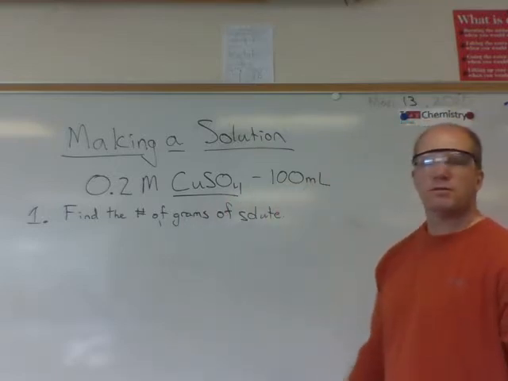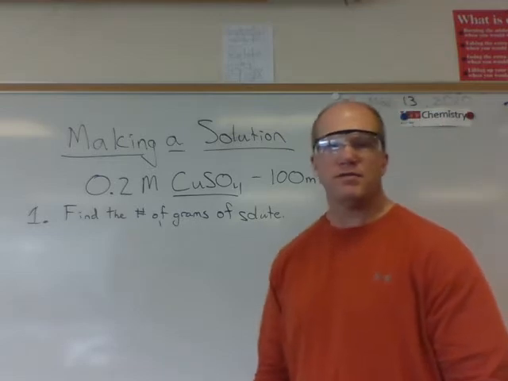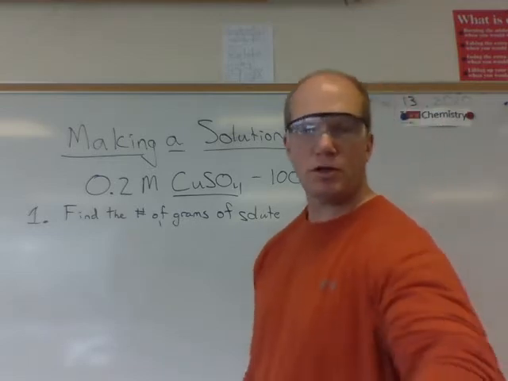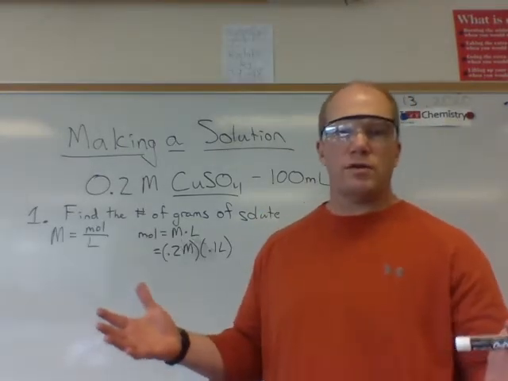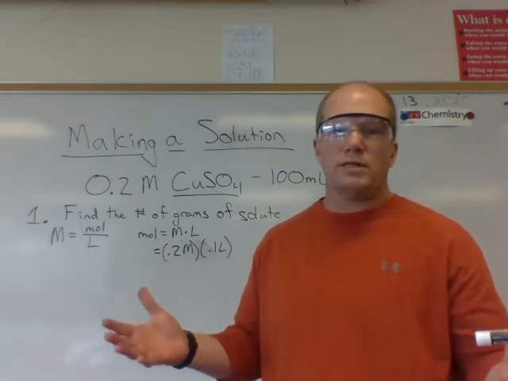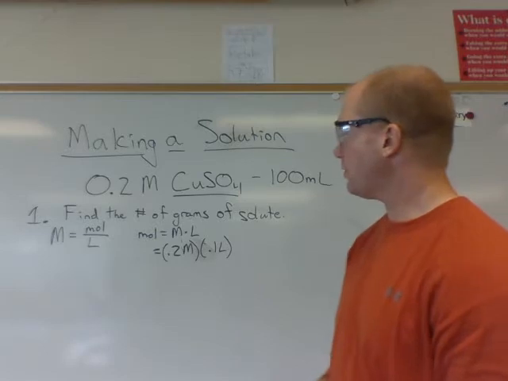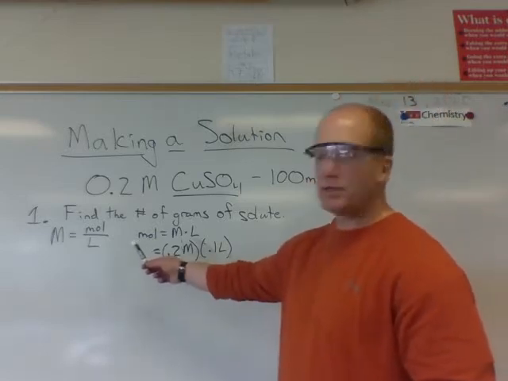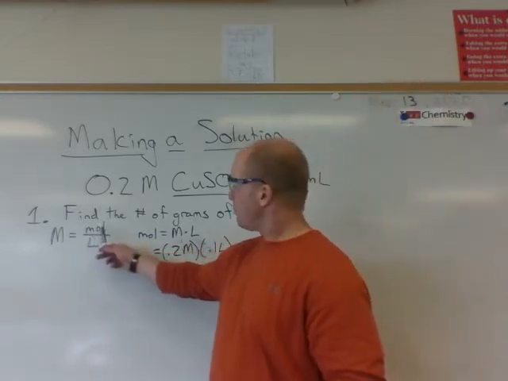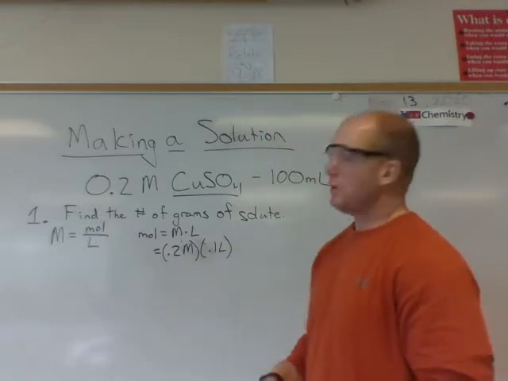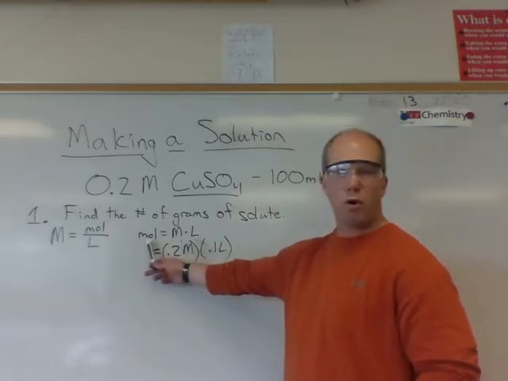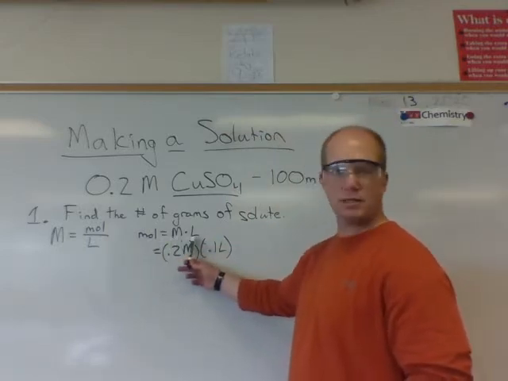Okay, so the first thing we need to do is find the number of grams of solute. If you're like, well, Flugum, how do I do that? Well, here's what you do, you guys. First of all, remember, molarity is moles over liters, right? So if I rearrange that, I get moles is equal to molarity times liters.